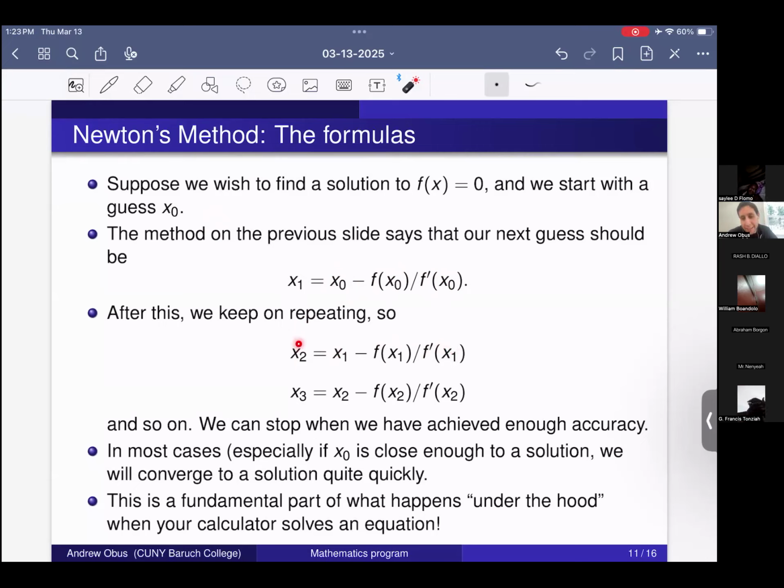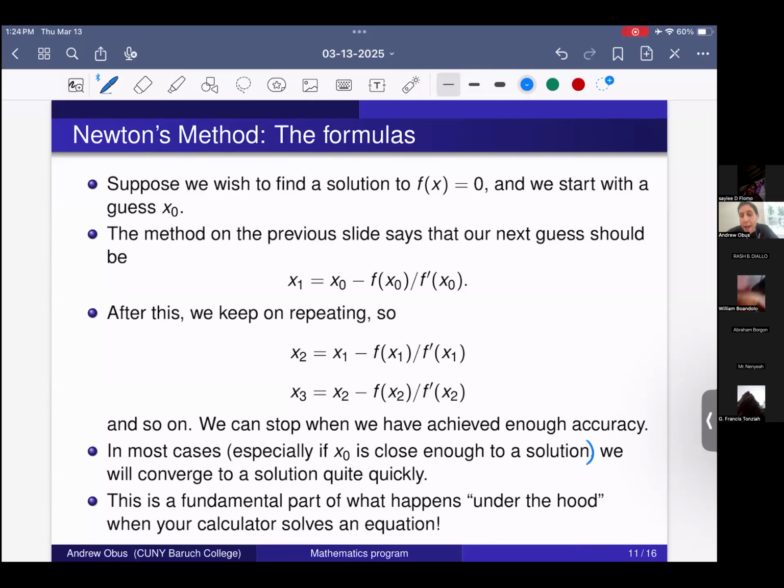We could call that guess x2. And then a new guess, x3, is going to be x2 minus f of x2 divided by f prime of x2. At each step, we're just using the same procedure of drawing this tangent line and seeing where it hits the x-axis. And that's going to be good enough to get us closer and closer approximations to the answer.